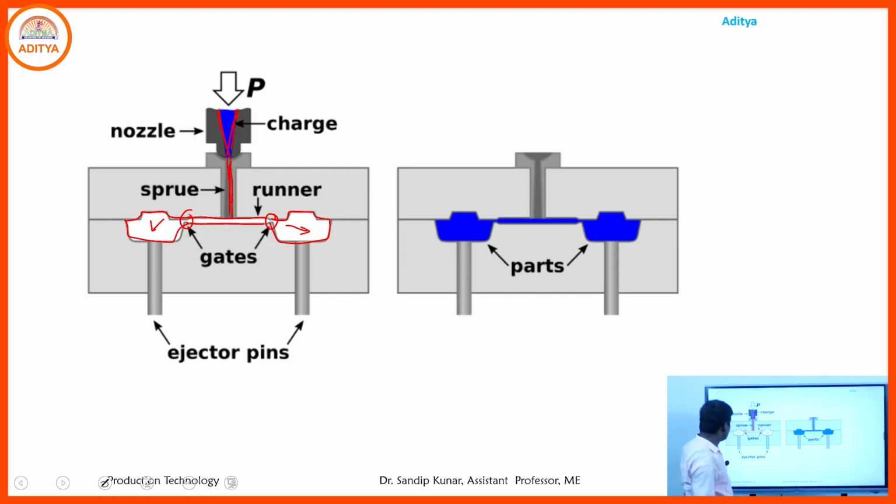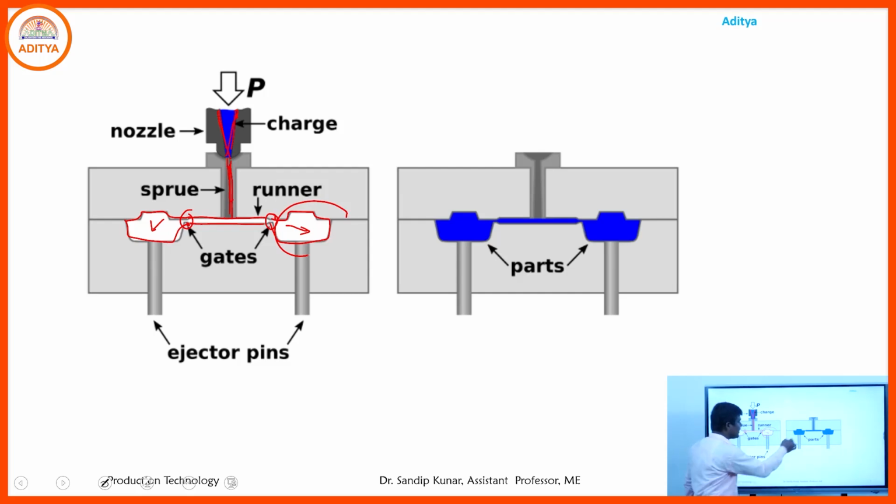Here the runner starts from the end of the sprue and ends at the entrance of the gate of the mold cavity. Sometimes ejector pins are attached to the mold cavity for easy removal of the part from the molding box.